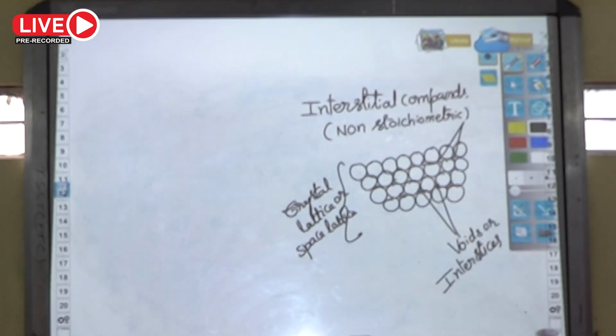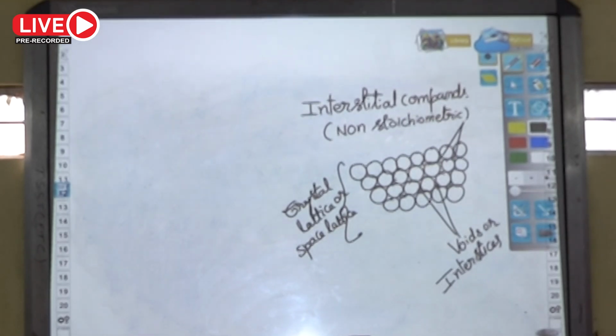What are interstitial compounds? Those compounds which are formed by the occupation of non-metal atoms in the gaps or voids or interstitial spaces of the d-block metal. Now, the question is, how many gaps are filled with non-metal atoms?